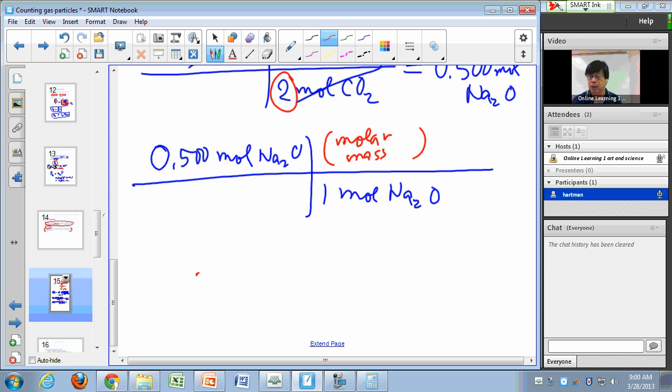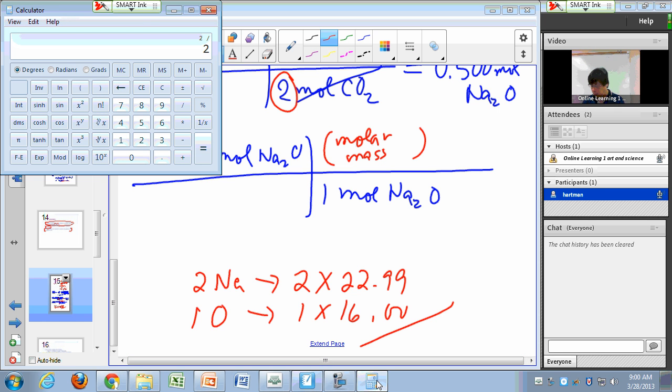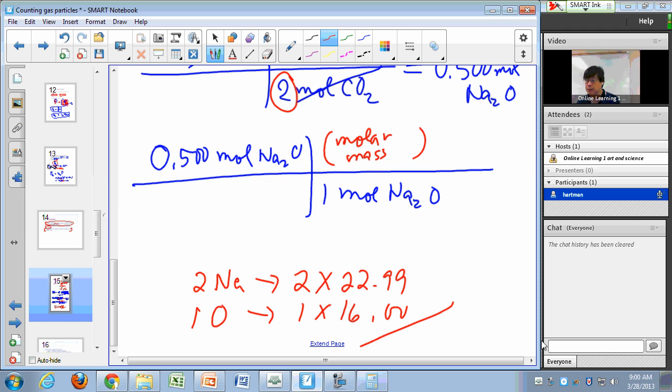It's 2 sodiums, so that's 2 times 22.99. And 1 oxygen, so that's 1 times 16.00. 2 times 22.99 plus 16 is 61.98. So this is 61.98 grams per mole.